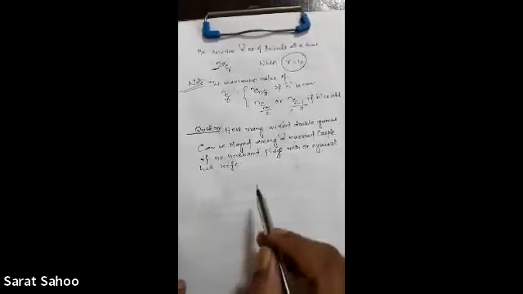What is the answer? Do you know what a mixed double game is? For a mixed double game, two males and two females are required. Suppose this is the net.